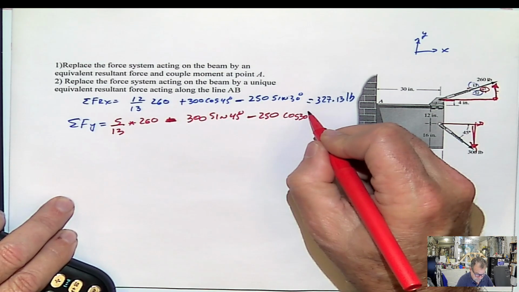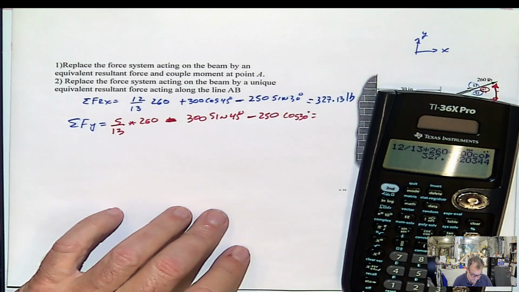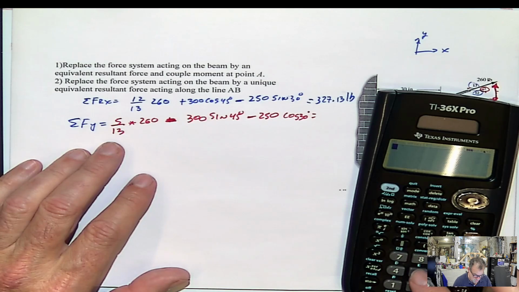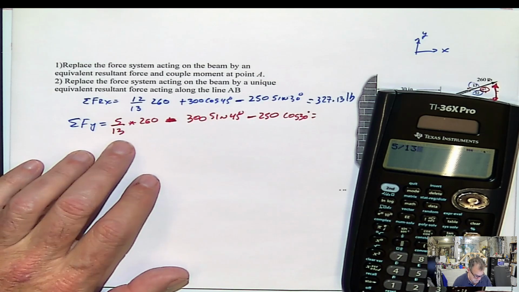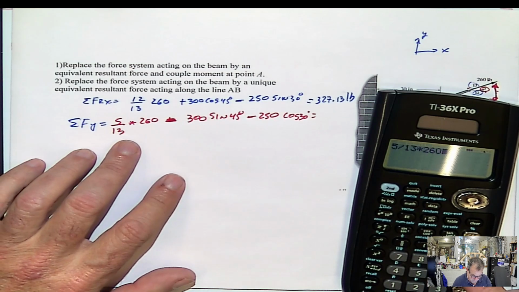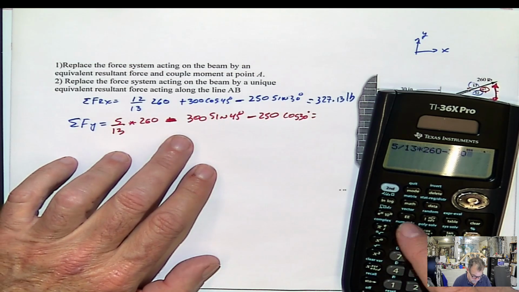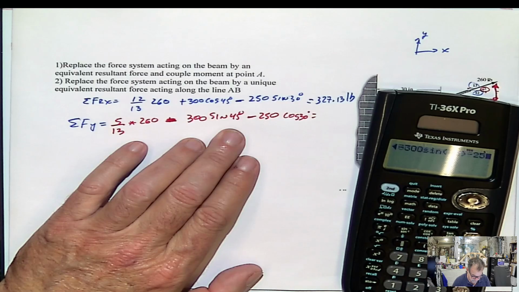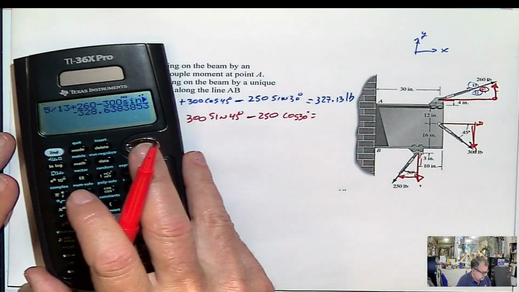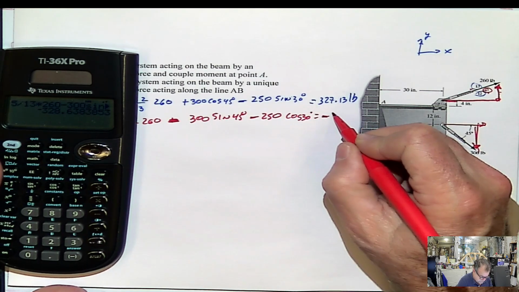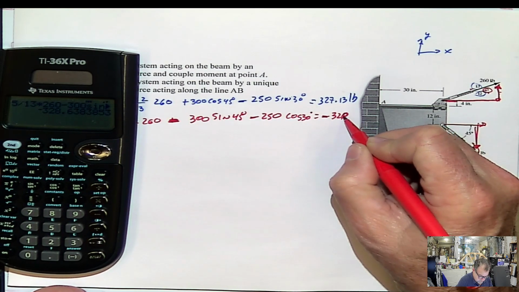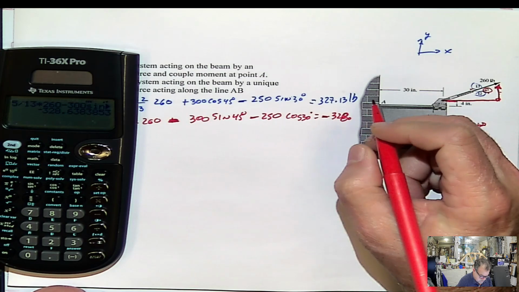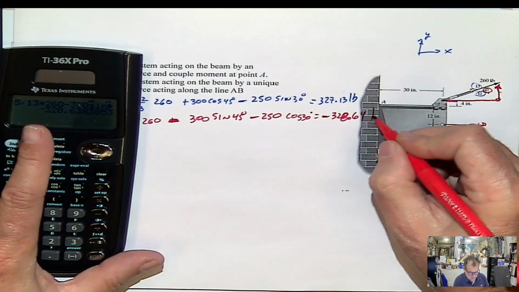That is 5 over 13 times 260 minus 300 sine 45 minus 250 cosine 30, which gives negative 328.64 pounds.